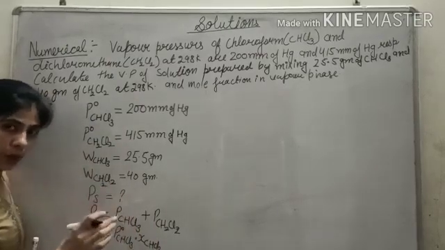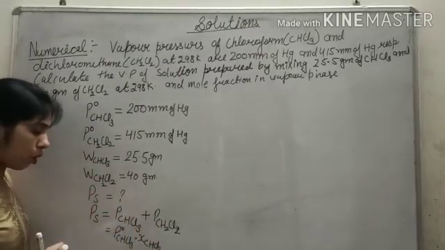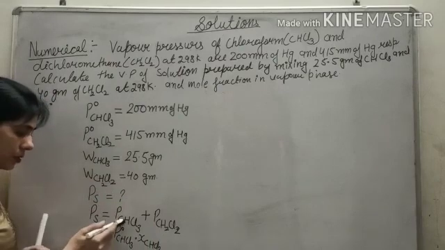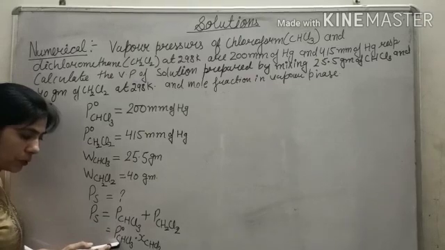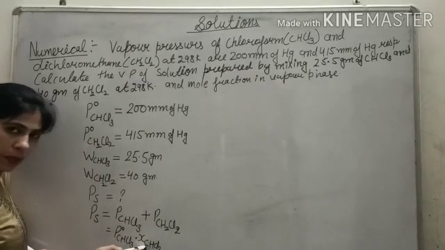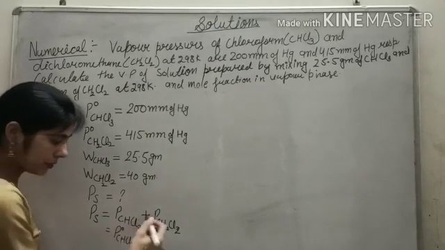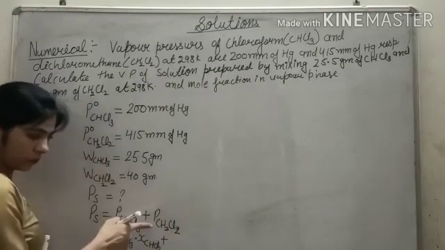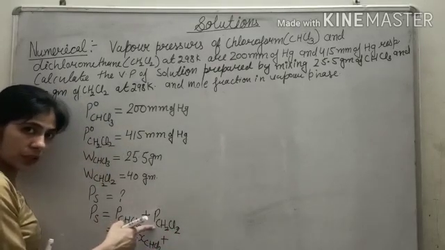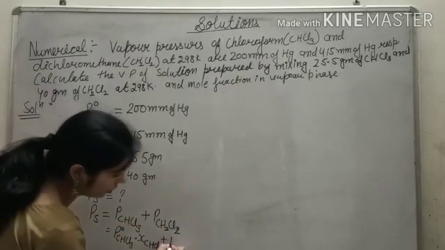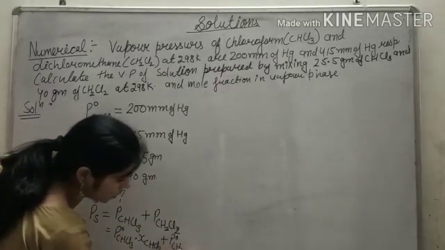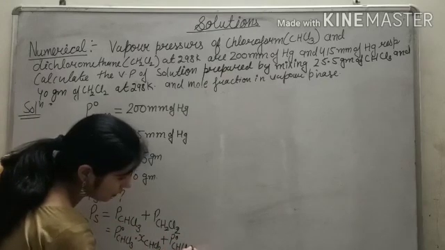According to Raoult's law, the vapor pressure of any component in the solution is equal to the vapor pressure of that component in the pure state multiplied by its mole fraction. And similarly, the pressure of dichloromethane is equal to the vapor pressure of dichloromethane in pure state multiplied by its mole fraction.